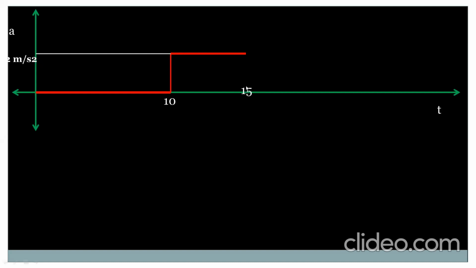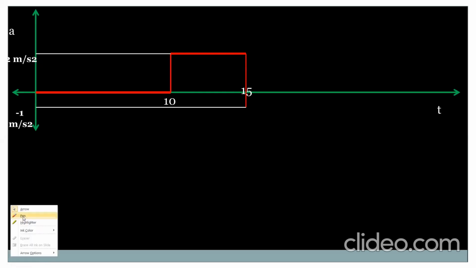Okay. Then after 15 seconds, for the remaining time, the particle has negative acceleration. That means its velocity is continuously decreasing. So this is the negative acceleration, having the value a is equal to minus 1 meter per second square.